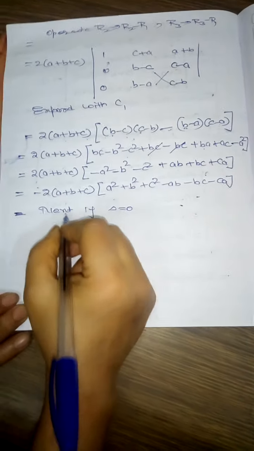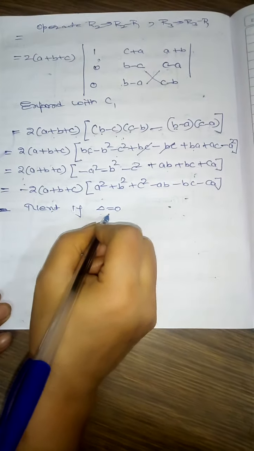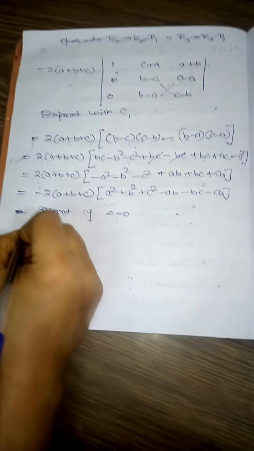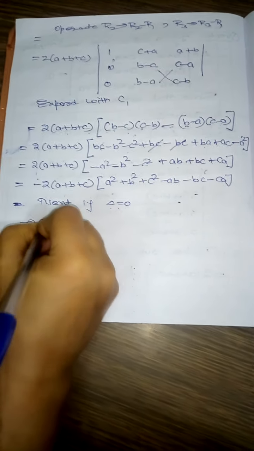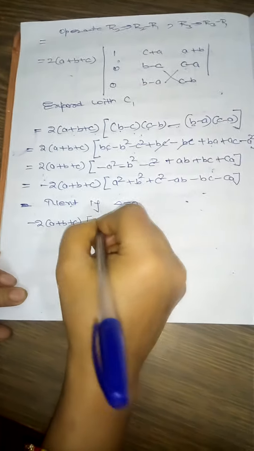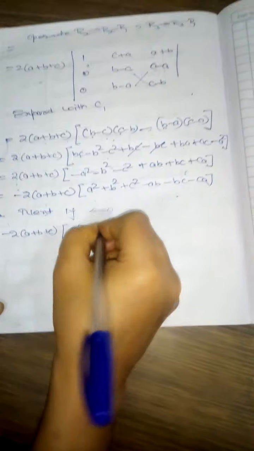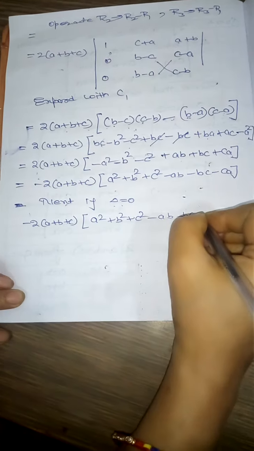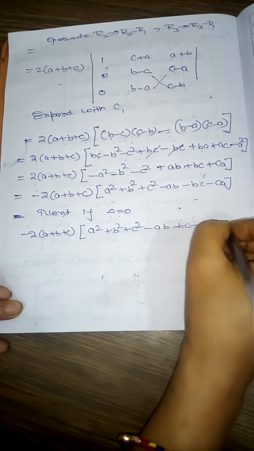After that, in the question it is given that the determinant is equal to 0. So this term is equal to 0, so we write here minus 2 into A plus B plus C, and here A square plus B square plus C square minus AB minus BC minus CA equal to 0.